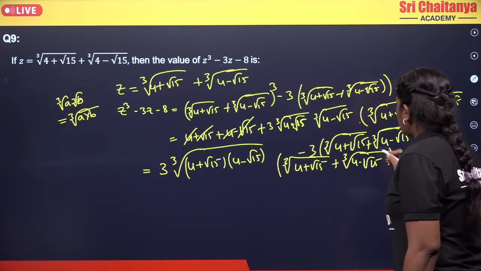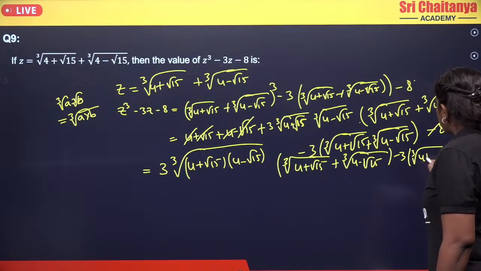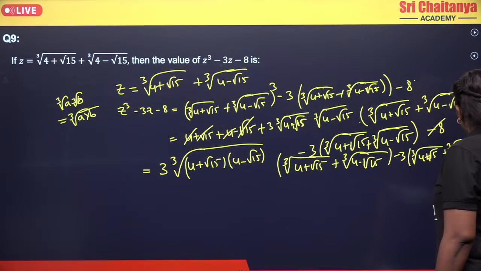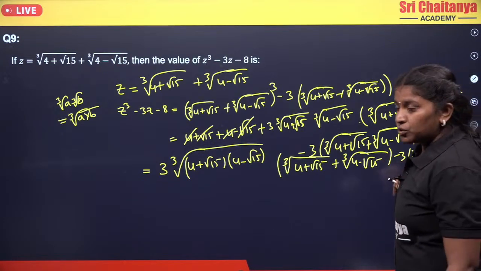Now minus 3 into cube root of (4 + root 15) plus cube root of (4 - root 15). So clear? We will be having the remaining two terms same.